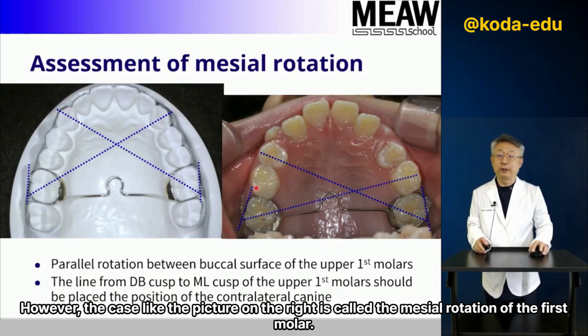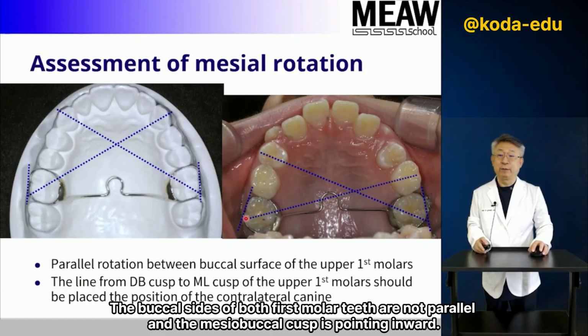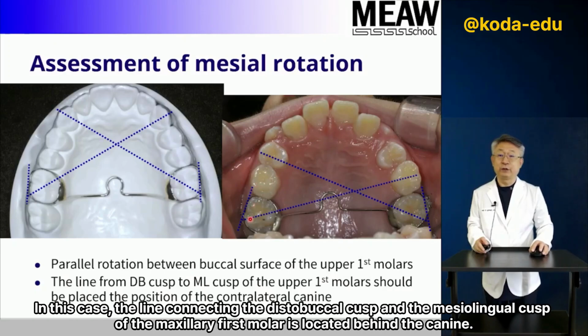However, the case like the picture on the right is called the mesial rotation of the first molar. The buccal sides of both first molars are not parallel, and the mesiobuccal cusp is pointing inward. In this case, the line connecting the distobuccal cusp and the mesiolingual cusp of the maxillary first molar is located behind the canine.